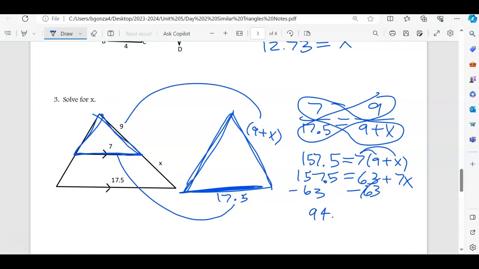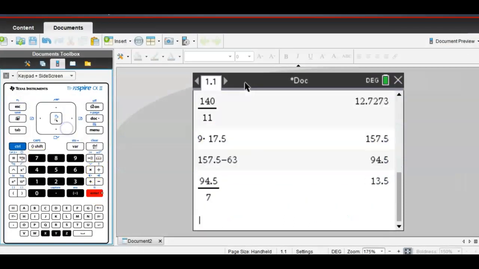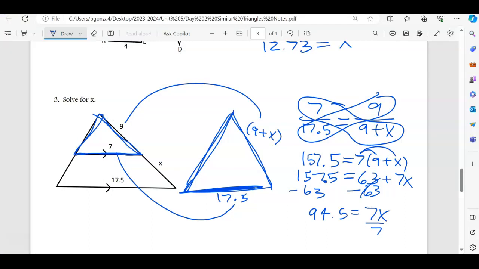And then to get rid of that 7, we divide by 7. And we get 13.5. I did that a little bit faster because we've already done these types of problems and we're running out of time.